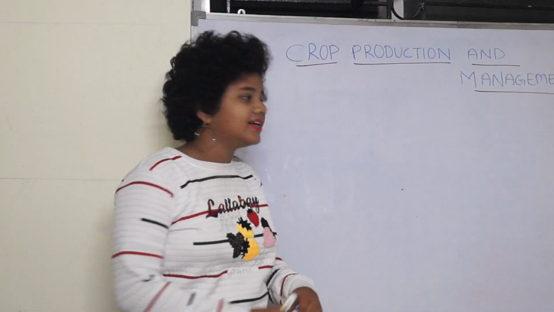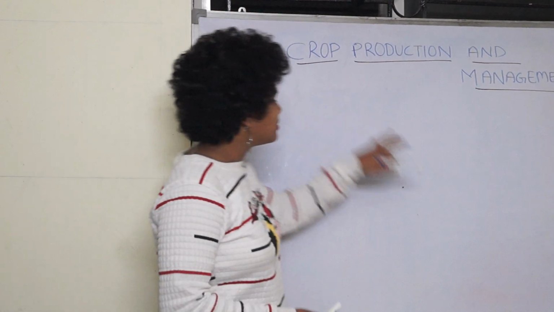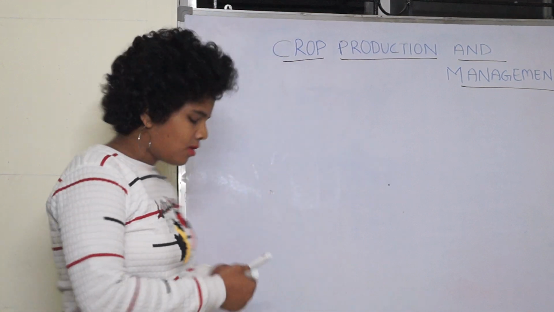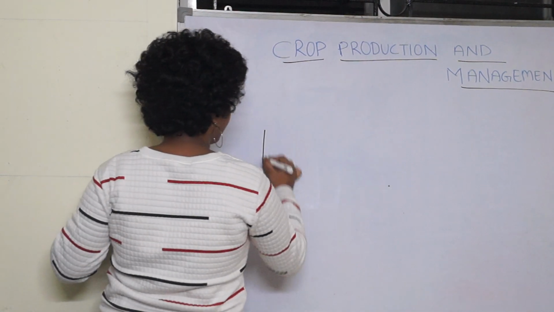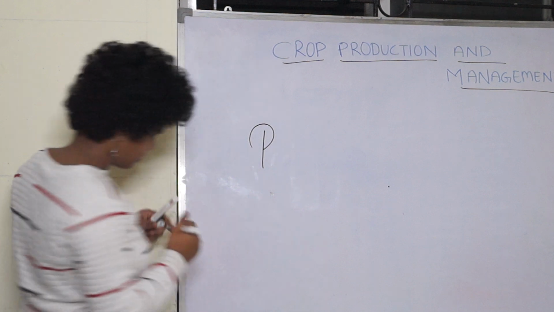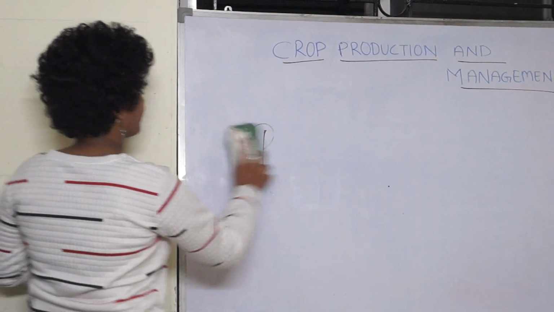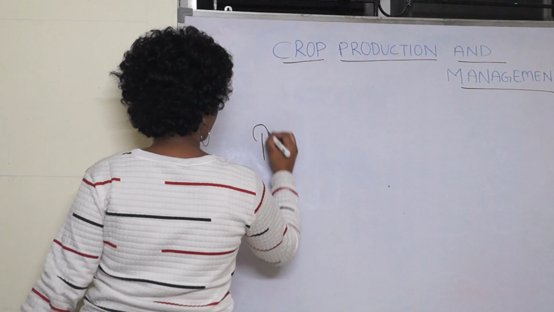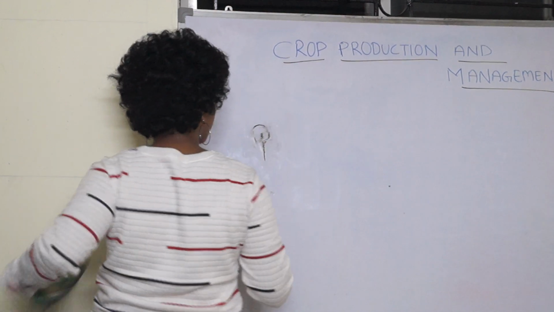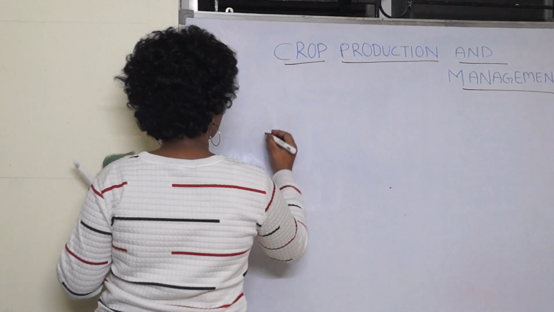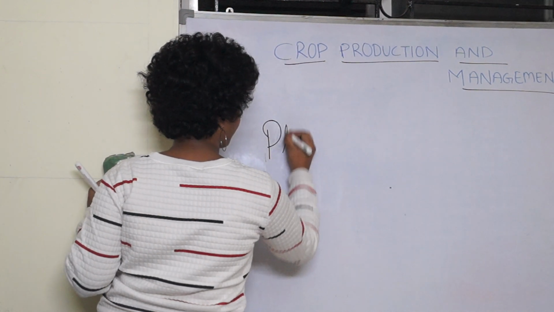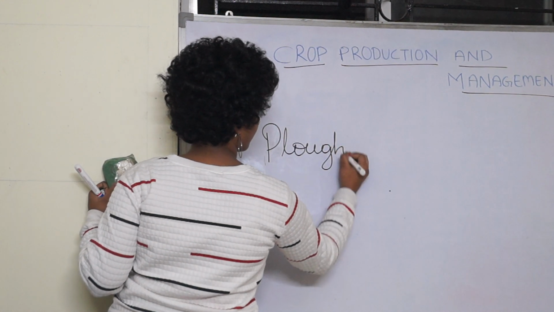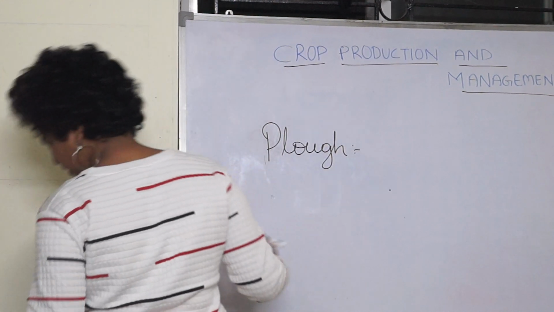How can we turn solidified soil into loosened soil? We can do it by the process called plowing. Plowing is done by a plow.